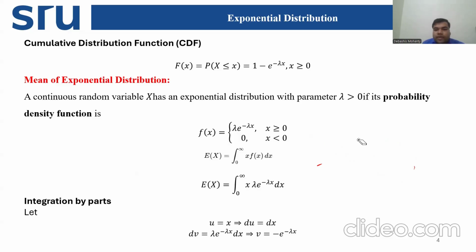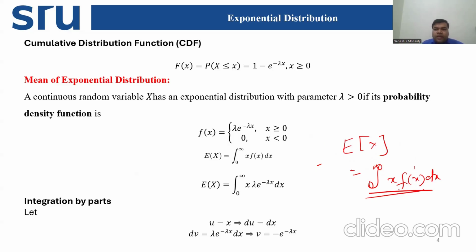So here we can find the expectation. You know what the expectation is: e of x equals the integration from 0 to infinity of x into f of x dx, right? We just need to multiply x with the probability density function f of x to calculate the expectation.